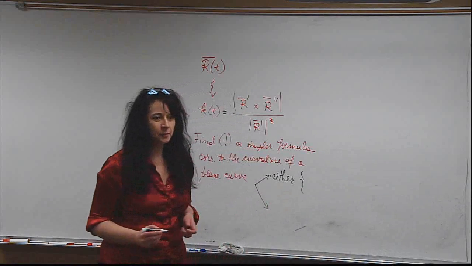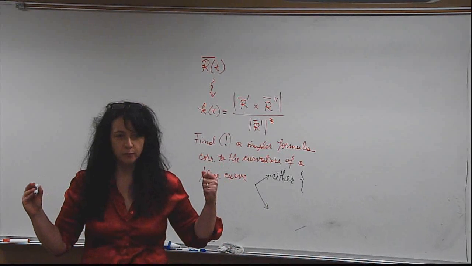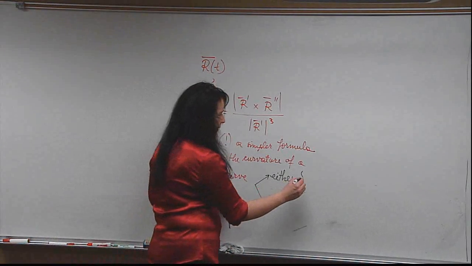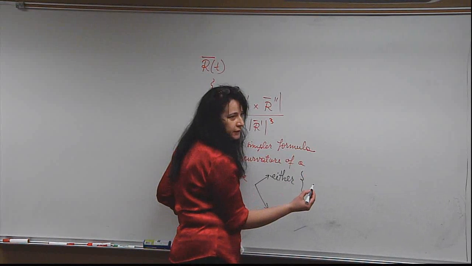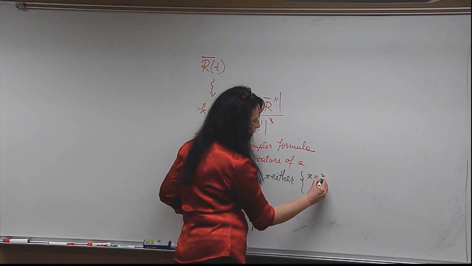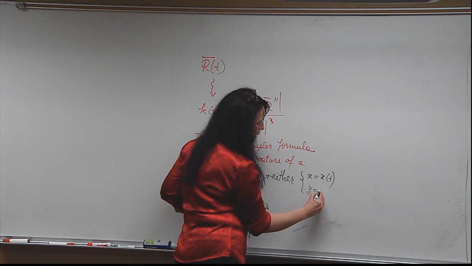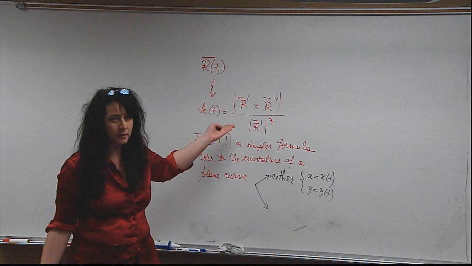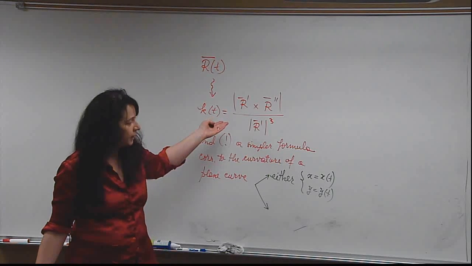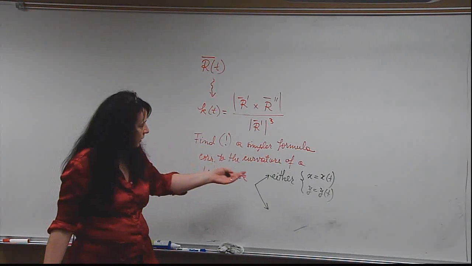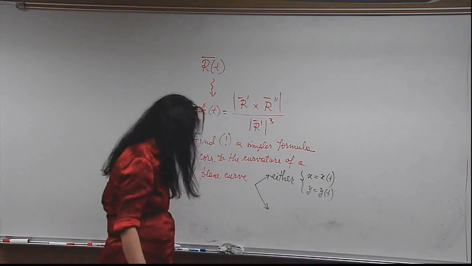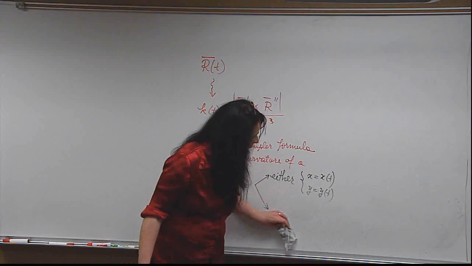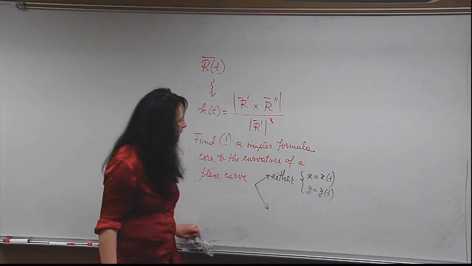What is the general parametrization I'm talking about for a plane curve? X equals x of t, y equals y of t. One should not have to do that all the time for a simplification like a plane curve. We have to find another formula that is pretty. Let's see, when is it really pretty?